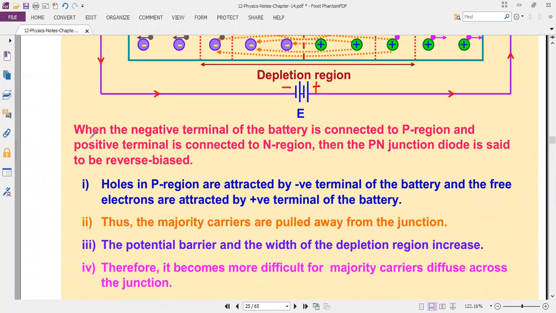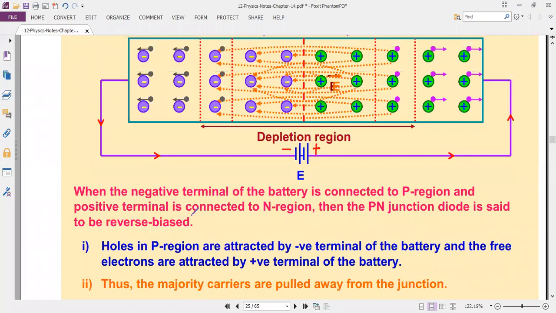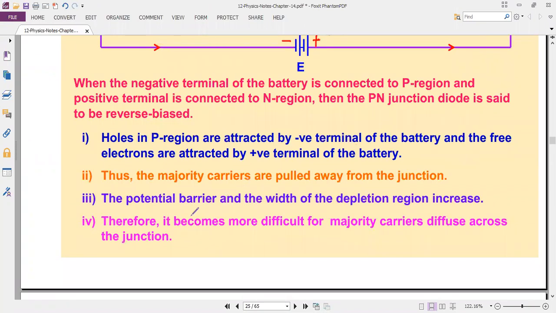Okay, listen. See here, the holes in the P region are attracted by the negative terminal of the battery, and the free electrons are attracted by the positive terminal of the battery. That is the attraction phenomenon. The majority carriers are pulled away from the junction.